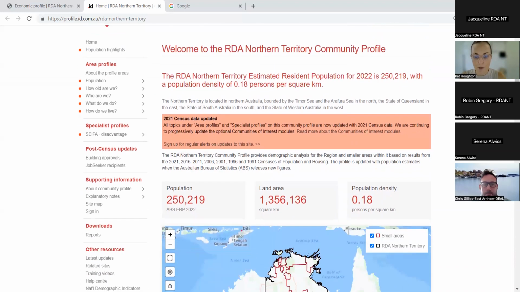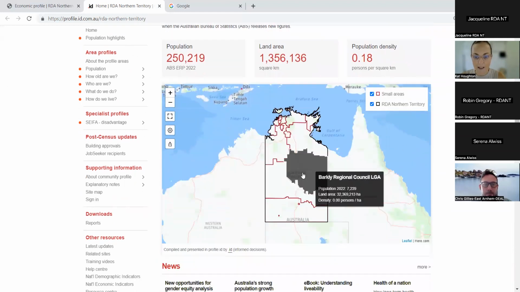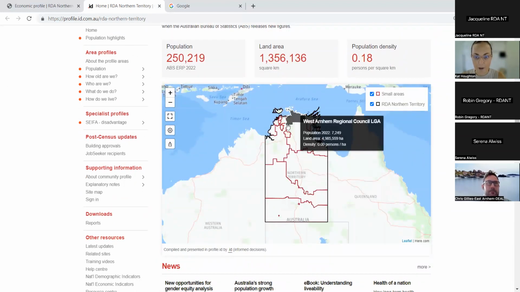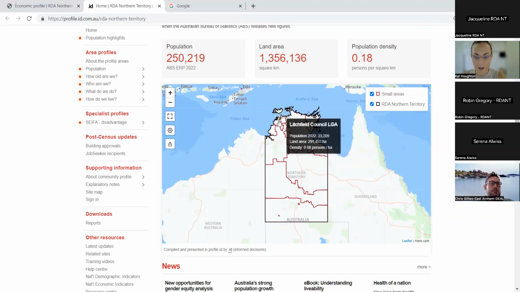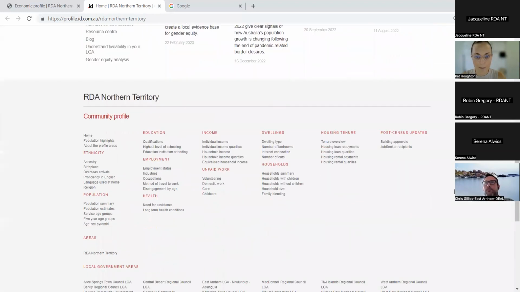If you scroll down to the bottom of the page, you'll see these areas, and you can see the specific localities and geographies that we're referring to. At the bottom of the page there's also a menu of items. I really like this because if you work in local government or for the NT government, sometimes someone will ask you for something and you forget where to find specific topics.